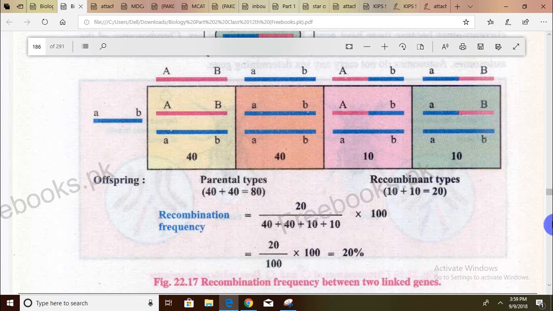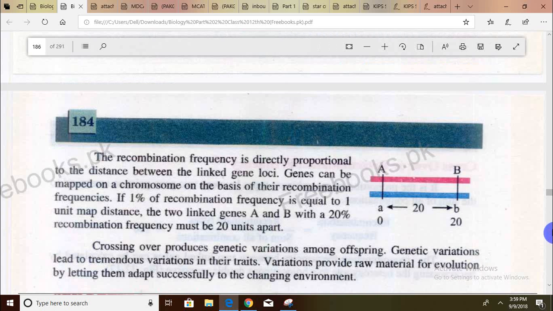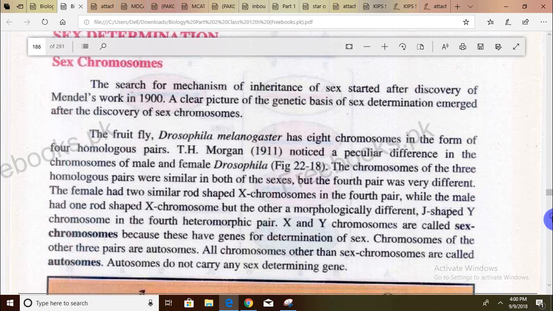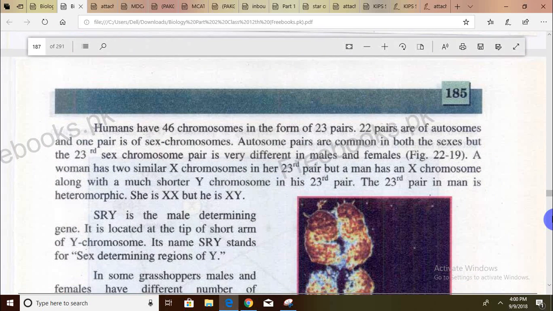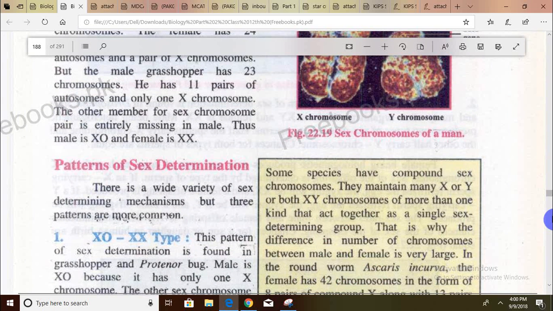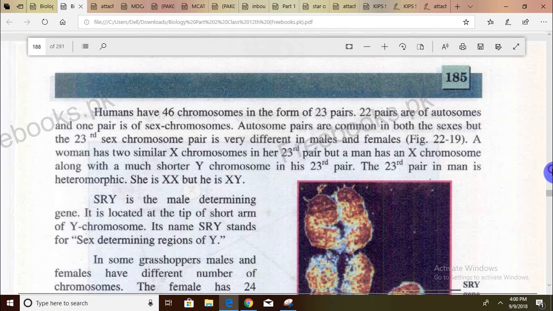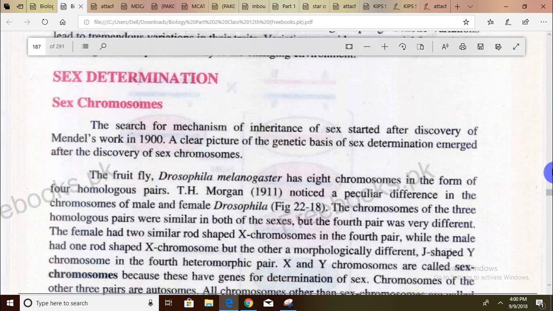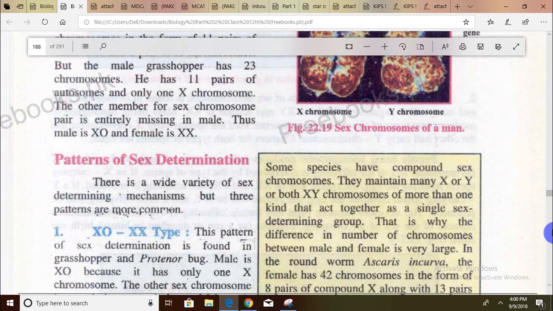We just have to read the part about it that is for humans and not for Drosophila. So over here they've given just some detail about sex determination, but I guess we should just skip over here.